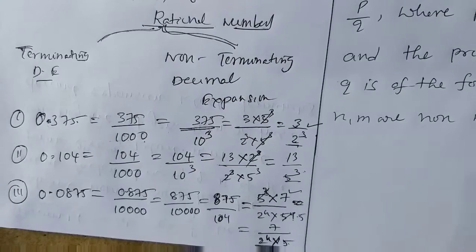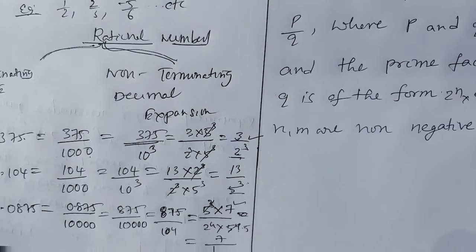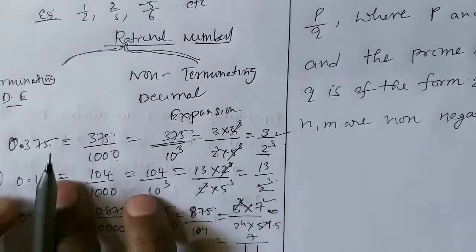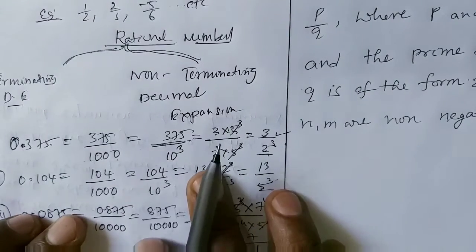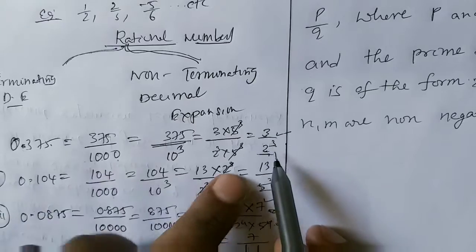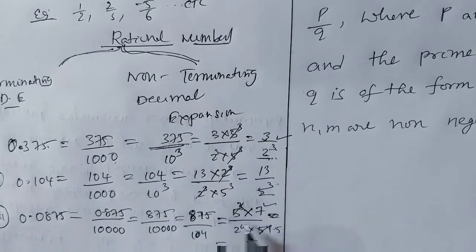That means, a rational number which has a terminating decimal expansion, if we convert it into P by Q form such that P comma Q are co-primes, then we can observe that the denominator has only 2 powers or 5 powers.